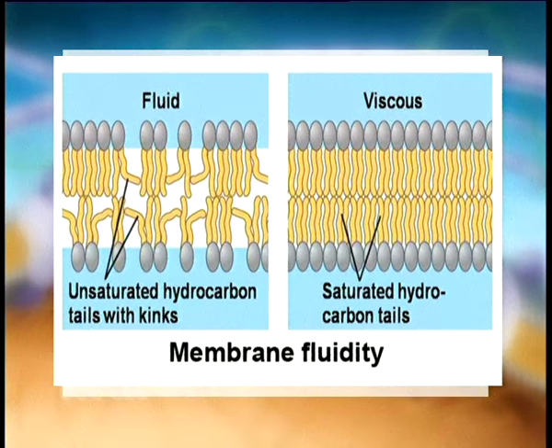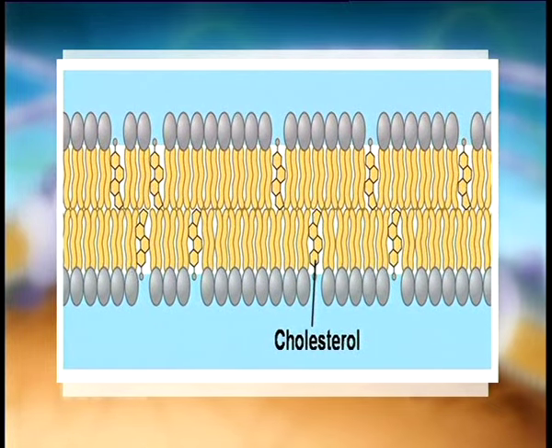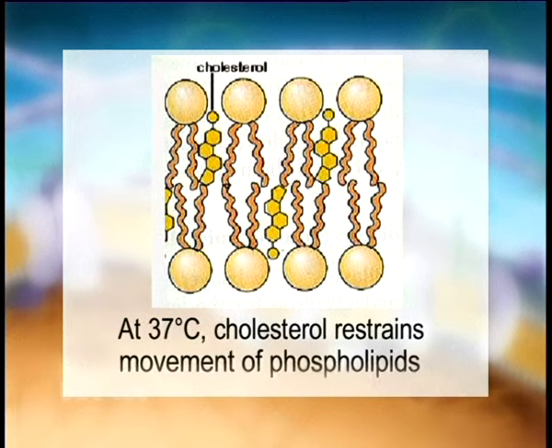The right ratio of saturated and unsaturated fatty acids keeps the membrane fluid at any temperature that is conducive to life. In addition, the steroid cholesterol has different effects on membrane fluidity at different temperatures. At warm temperatures such as 37 degrees Celsius, the cholesterol restrains the movement of phospholipids.